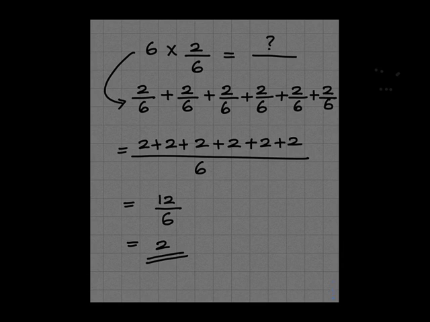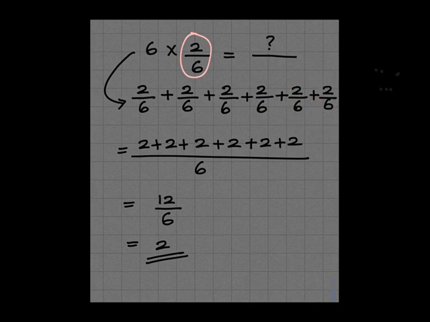Next, let us solve 6 times 2 by 6. Again, the same thing. 6 times 2 by 6, we make a repeated addition. 6 times the fraction 2 by 6. So we have to write this fraction 2 by 6, 6 times. So 1 time, 2 times, 3 times, 4 times, 5 times, and 6 times.